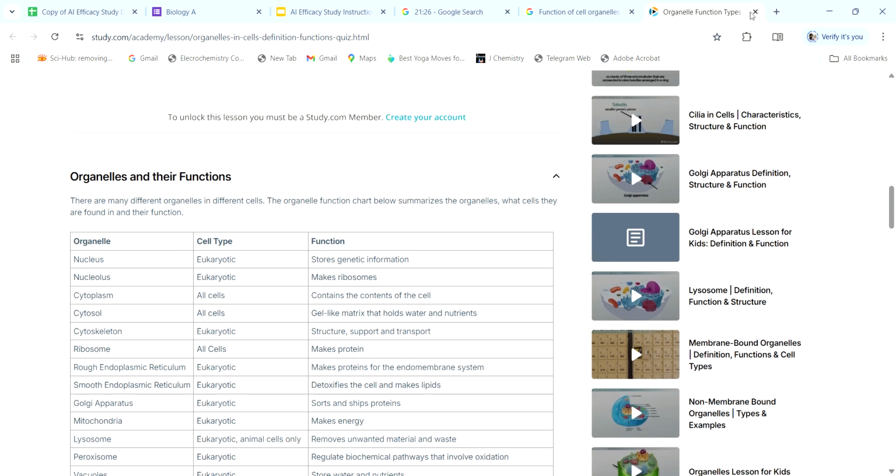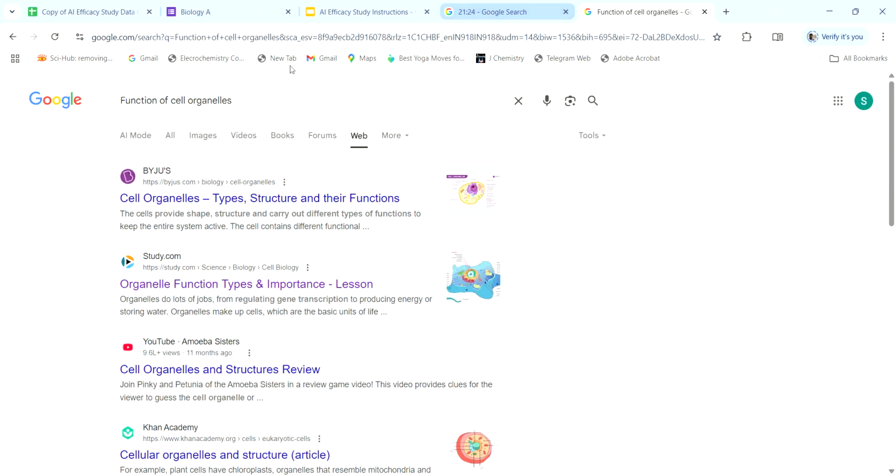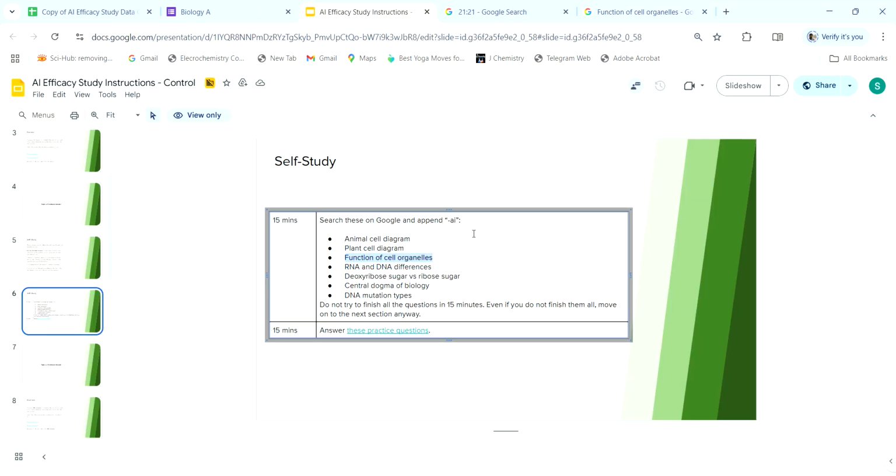Now next, RNA and DNA. This was shown in the previous part. Now it is deoxyribose sugar and ribose sugar.